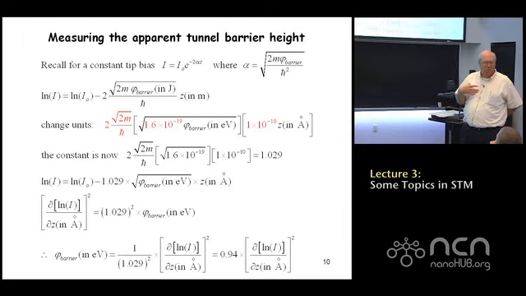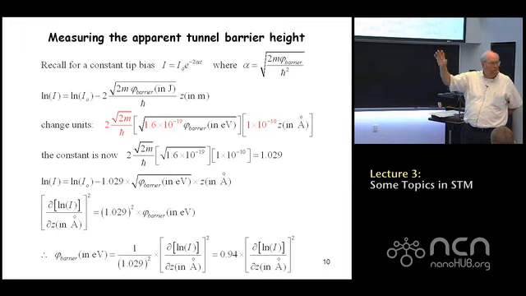Right? So if you want to convert that equation from the standard SI set of units into a more convenient set of units, you have to change the units, and I indicate how you do that by the two numbers in red. And what you can find is that this constant that now multiplies z in this special set of units, where z is in angstroms and the work function barrier is in electron volts, that constant turns out to be 1.029, right?